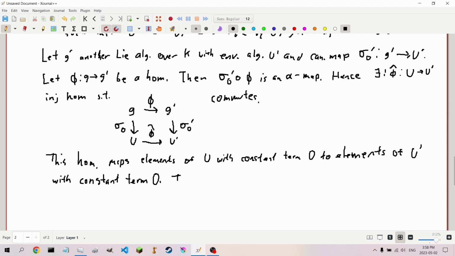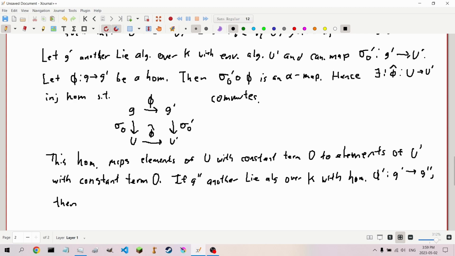And if we have G double prime, another Lie algebra over K with a homomorphism phi prime from G prime to G double prime, then phi prime composed with phi, composed with phi hat.